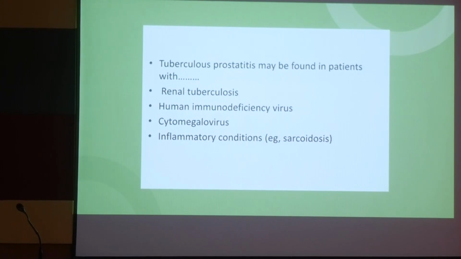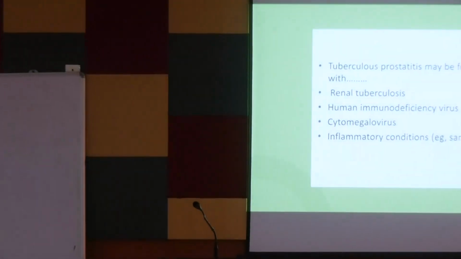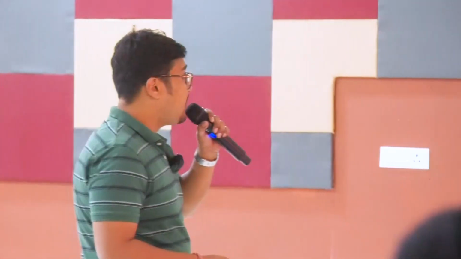So, if there is a chronic inflammatory condition, a breach in immunity, or the patient is in an immunocompromised state, then the prostate may be vulnerable to infection by less common organisms like Mycobacterium tuberculosis, Candida, and cytomegalovirus. Now, epidemiology: after the fourth decade, the symptoms may arise.